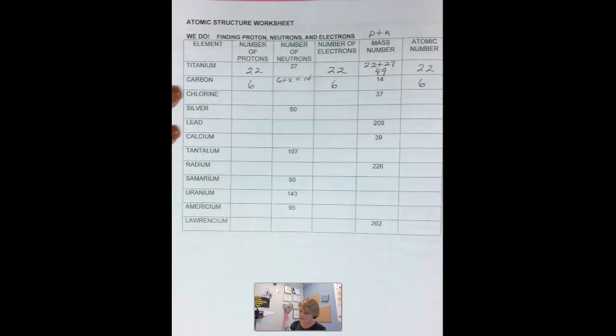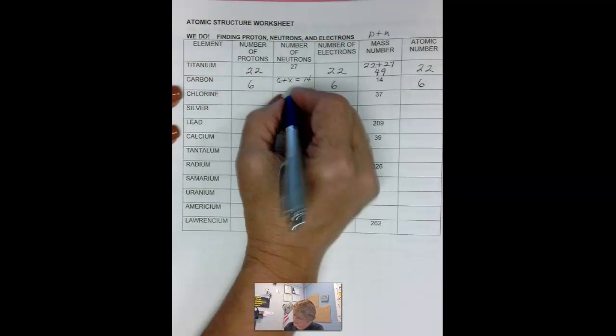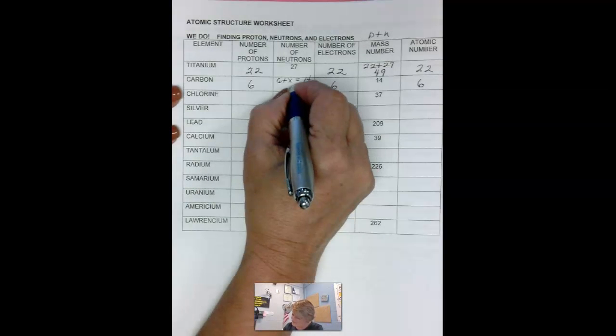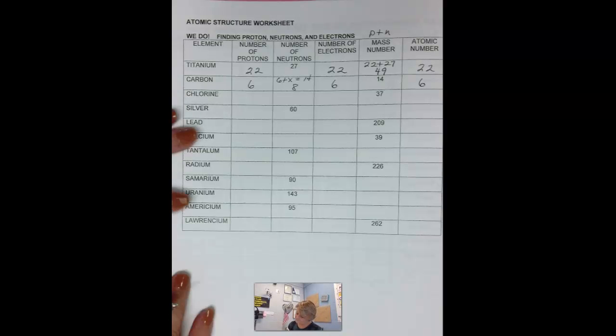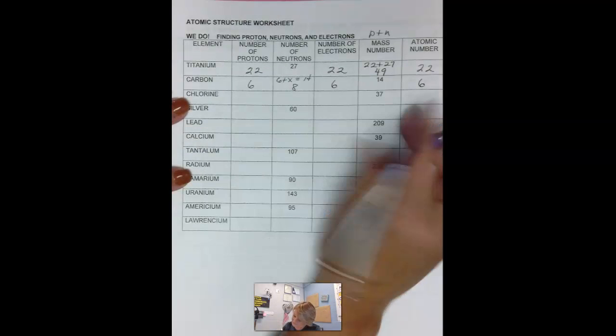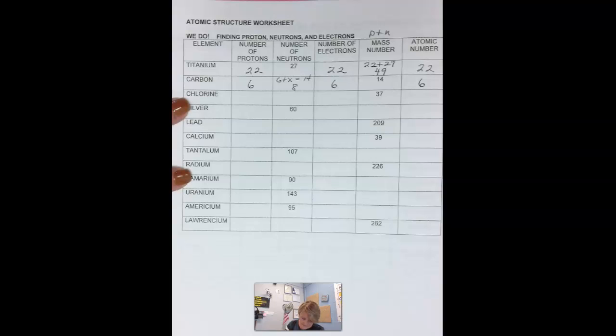So we could write us a little math equation. I always got to get my math in there. So your number of neutrons would be 8. Okay, try chlorine on your own. Okay, so on chlorine, again, find your atomic number.